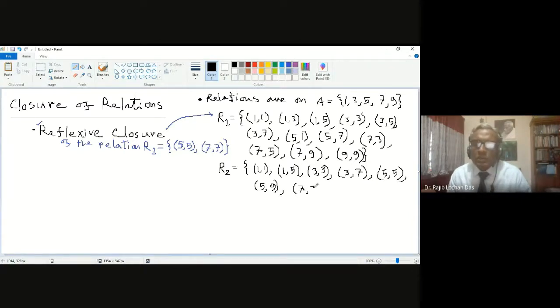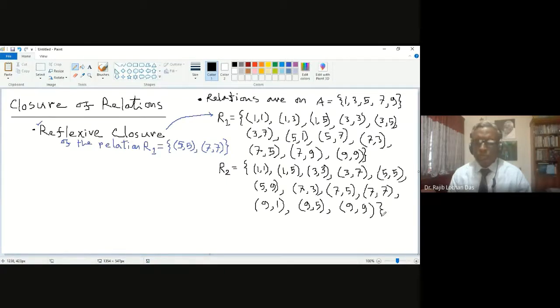So (7, 3) and then (7, 7) and then (7, 5). Okay, no problem. (7, 7) and another one, say (9, 1) and (9, 5) and (9, 9). Now, what do you think? What will be the reflexive closure of R2?